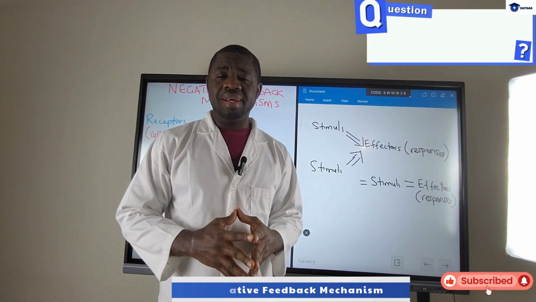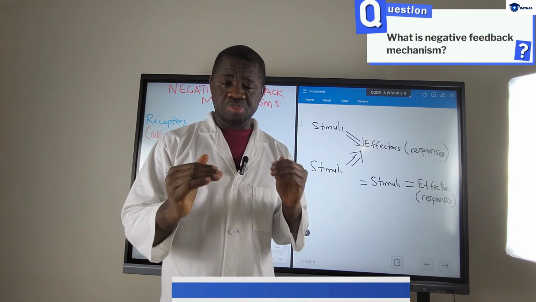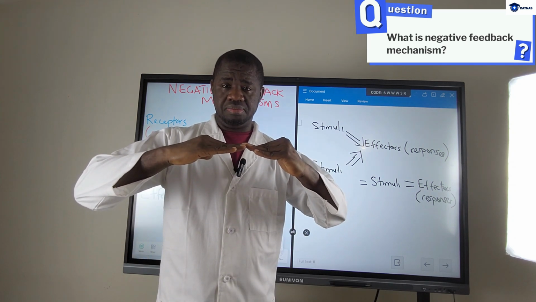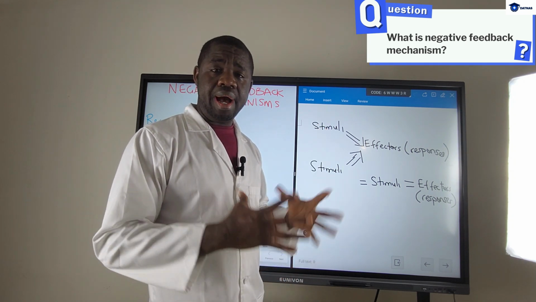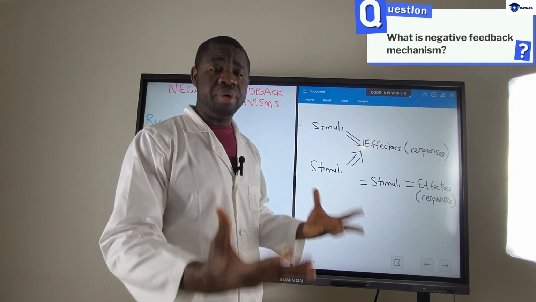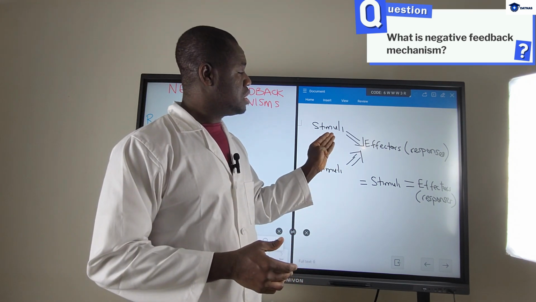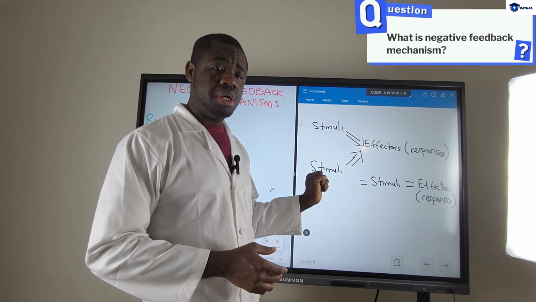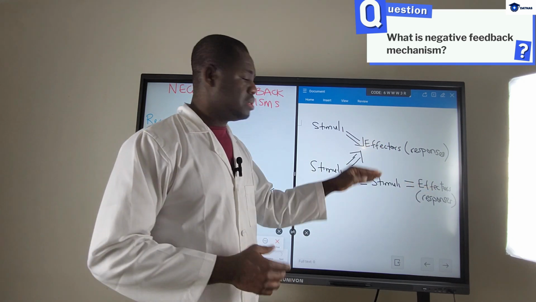In summary, the negative feedback mechanism is where the response negates the stimulus. Like I said, the stimulus could be high body temperature, low body temperature, high blood pressure, low blood pressure. So the stimulus could be high, the stimulus could be low, but the role of an effector is to ensure negation.